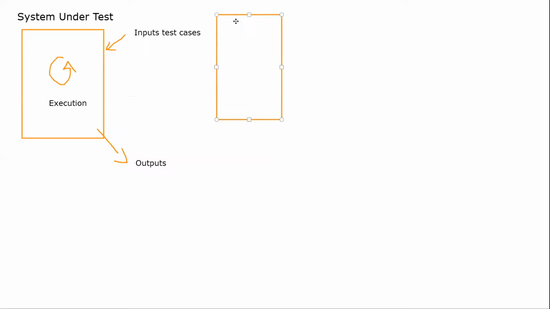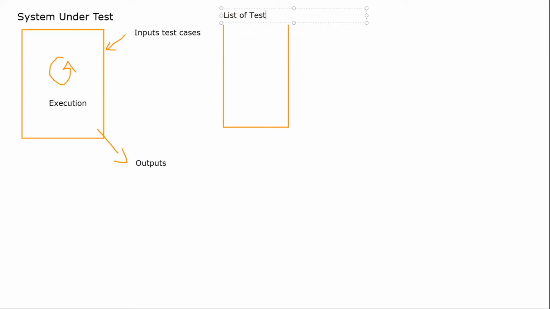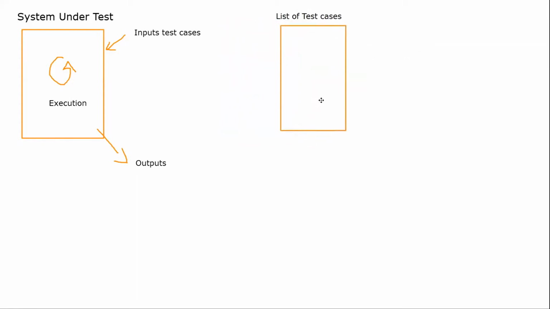Here we have a list of test cases from the previous example. And manual testing will read them one by one, right?